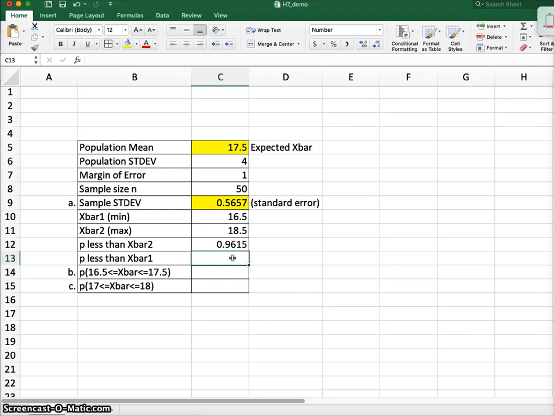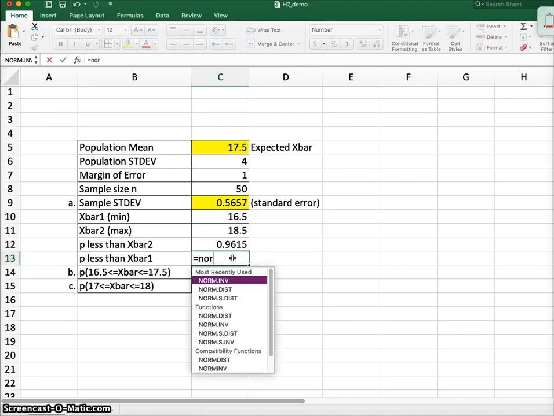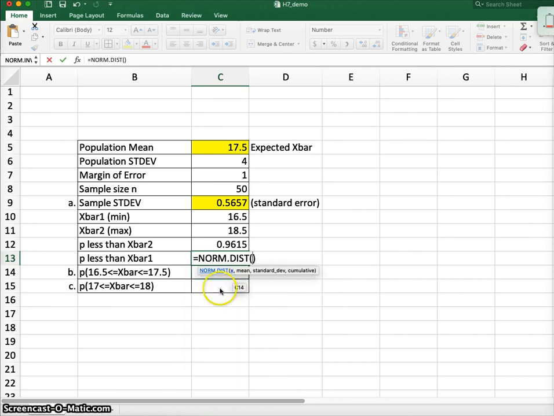Now I want to do the same thing for the minimum. It's the same thing: equals NORM.DIST, and x would be 16.5, the mean would be 17.5, the standard deviation would be 0.5657, and true.